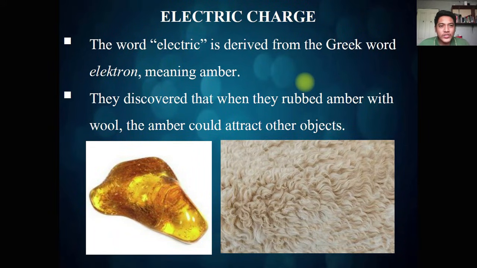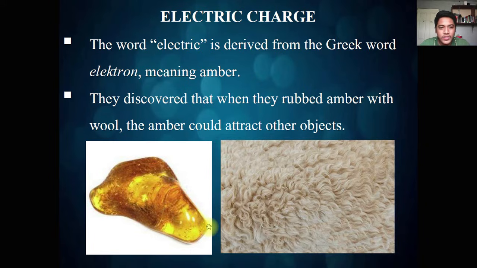Electric charge: the word electric is actually derived from the word electron, meaning amber. This amber is represented in our first picture here, which is actually a type of stone. They discovered that when this amber is rubbed with wool, in this second image, the amber could attract other objects.